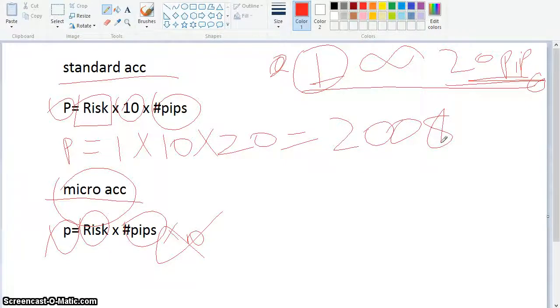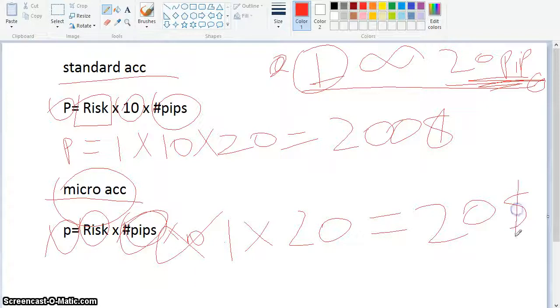And then on a micro account, the profit will be 1 times the number of pips, which is 20, and you will come out here with $20. So on a micro account, since we don't have that 10, your money doesn't grow that much.